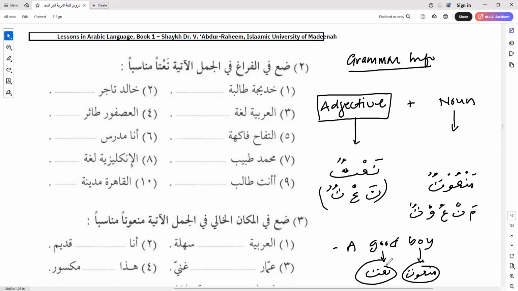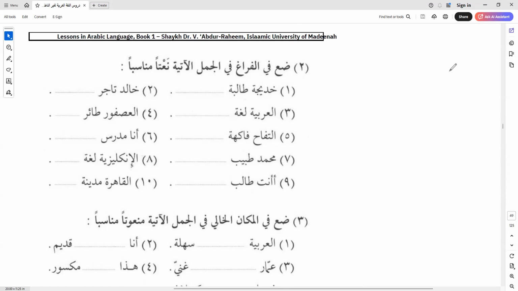But look at the arrangement. You see that in English, the adjective comes first, and then the noun that the adjective is describing comes second. But in Arabic, it's vice versa. It moves that way. So for instance, if I have a sentence like قلم كبير.